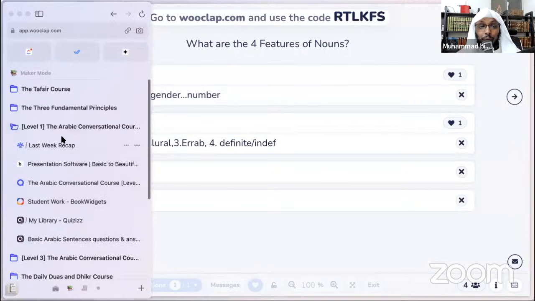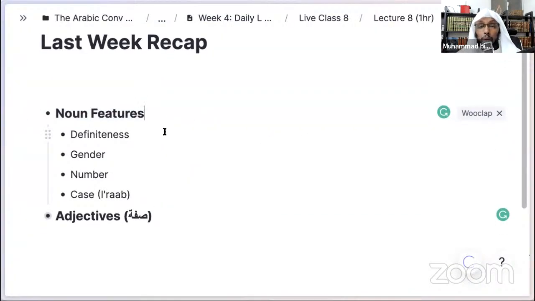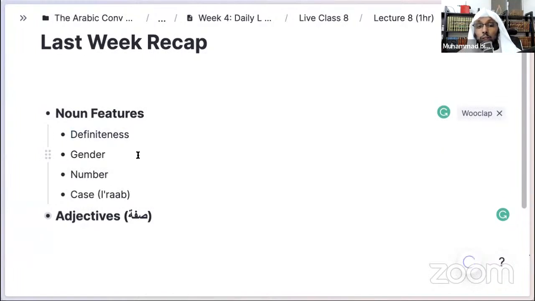Okay. So these are the 4 attributes. Definiteness, either it is definite or indefinite, nakira or ma'rifa, we call it in Arabic. And this is called ta'rif. Then we have al-jins, the gender, which is either masculine or feminine, mu'annath or mudhakkar.